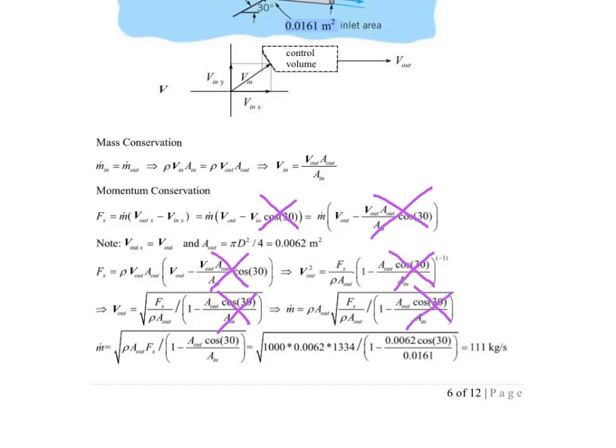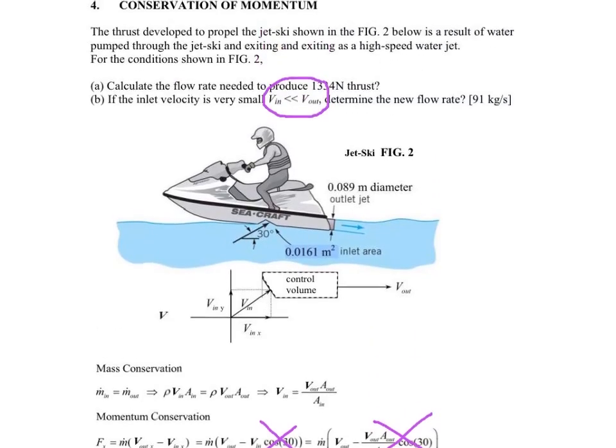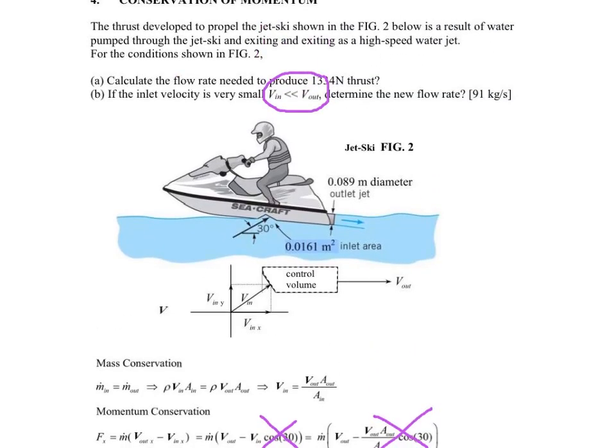So in fact, I haven't done it and have left it as an exercise for you. We don't have to worry about this on the right. Just evaluate the following. And if we have done this carefully, we would get the new flow rate of 91 kilograms per second. This ends the question. Thank you.